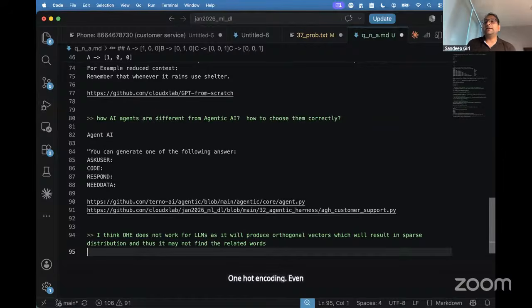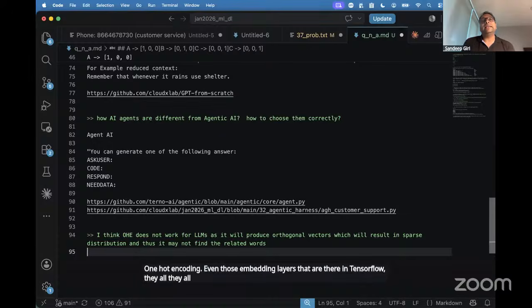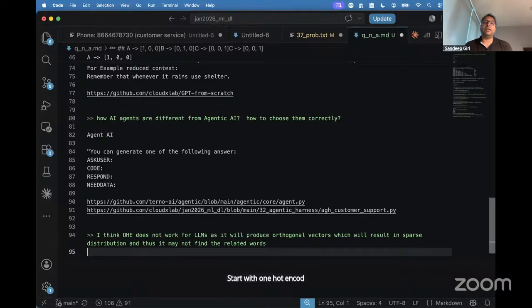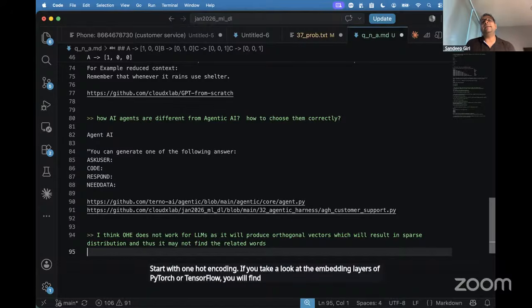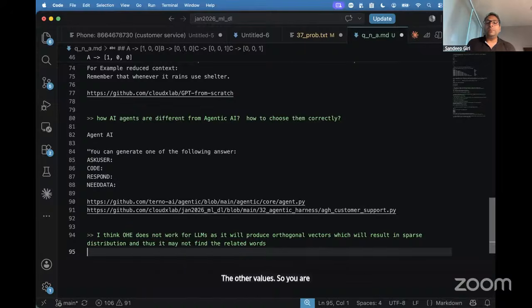Even those embedding layers in TensorFlow or PyTorch internally take the input in the form of one-hot encoding and immediately turn that into other values. So you are right. The one-hot encoding produces a very large vector, and therefore that needs to be turned into a meaningful vector using a neural network. I hope it makes sense.